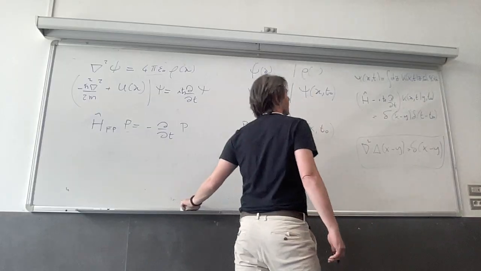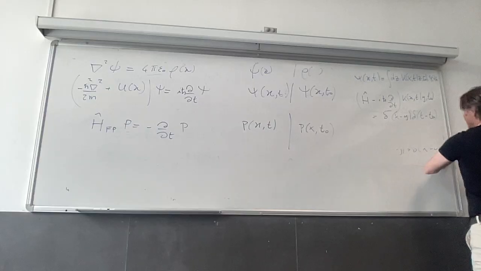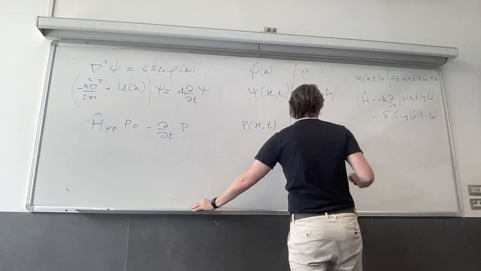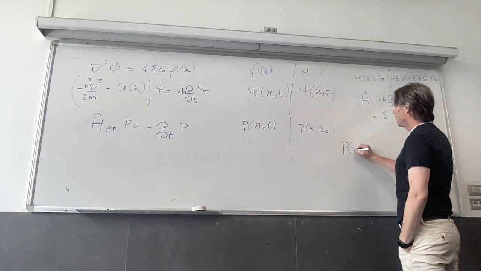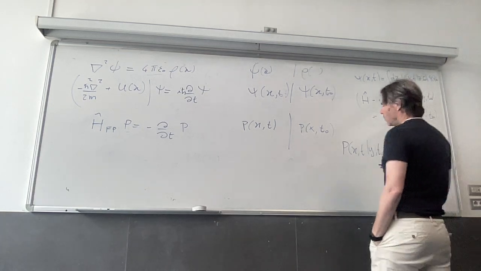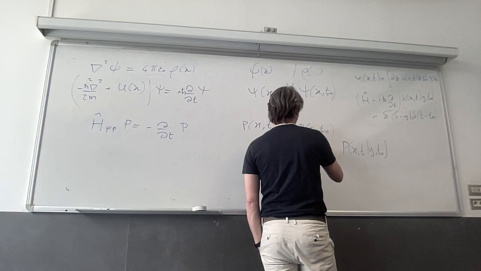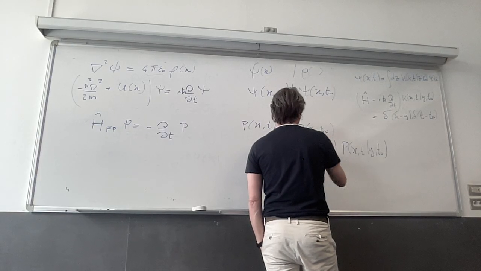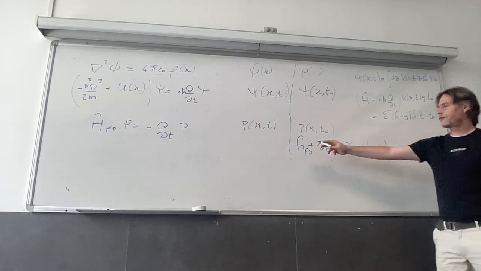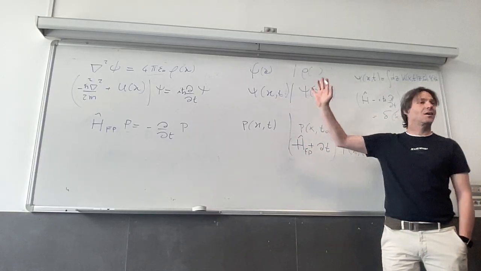And finally, going down one step, we have introduced the conditional probability P of x t given y t naught, and we can think of it as the Green's function of the Fokker-Planck equation. Not the Fokker-Planck operator, but the Fokker-Planck equation, right?